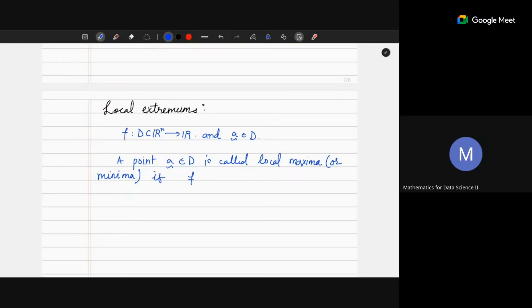for some small open ball B containing A, f of A is greater than or equal to f of x.